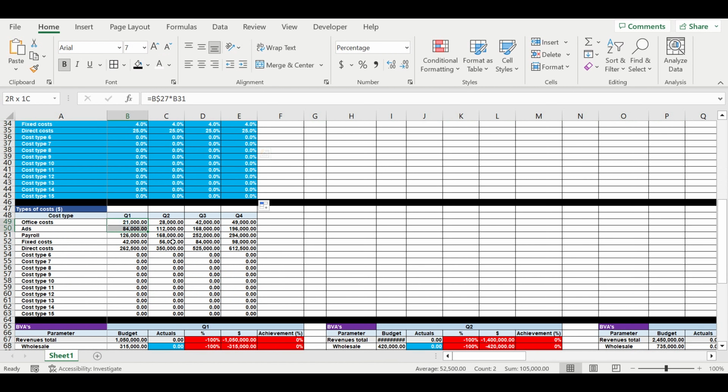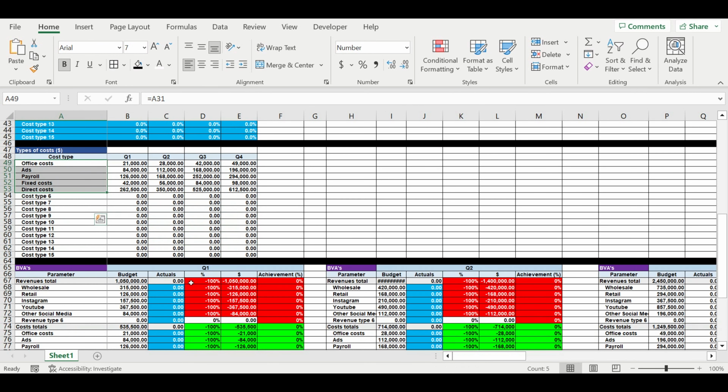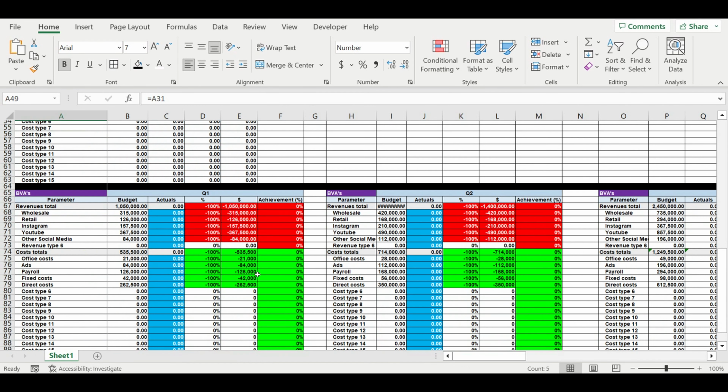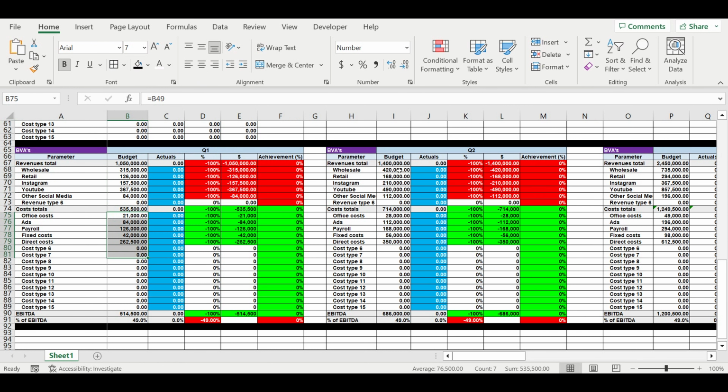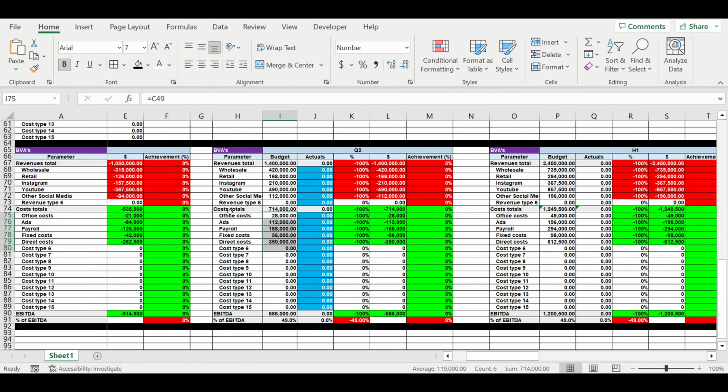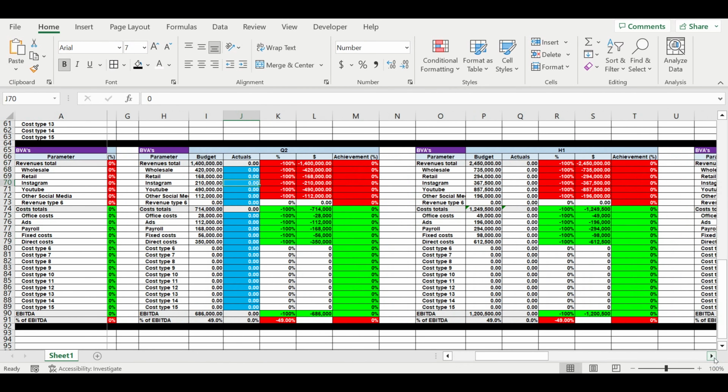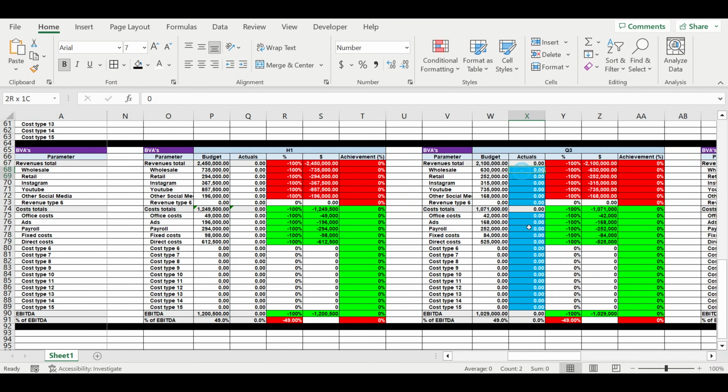So now here we have the target expenses for each quarter for each type of cost. And if we go to BVAs, here we see the targets that we've just created. Target revenues, this is the quarter, second quarter, then third and fourth quarter.